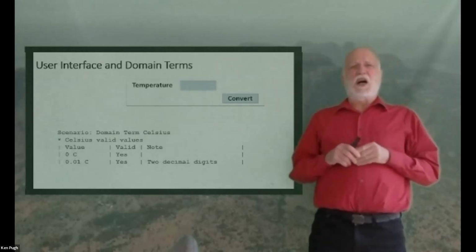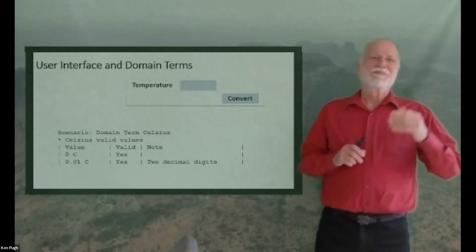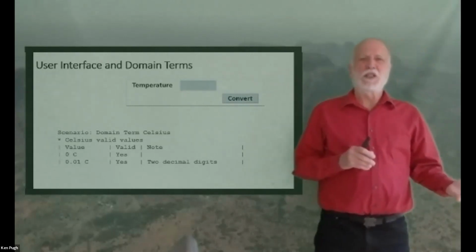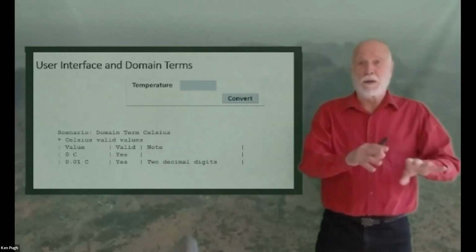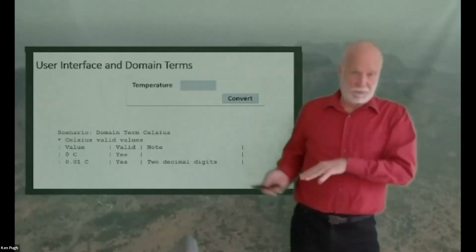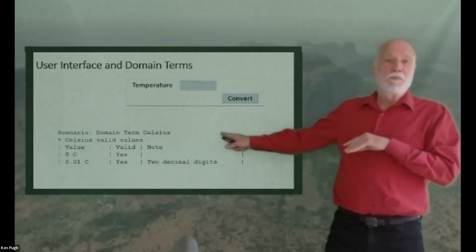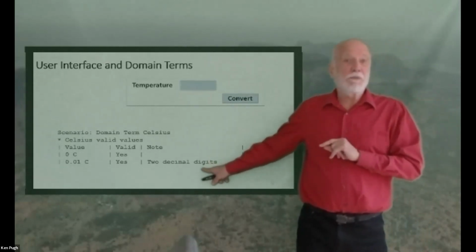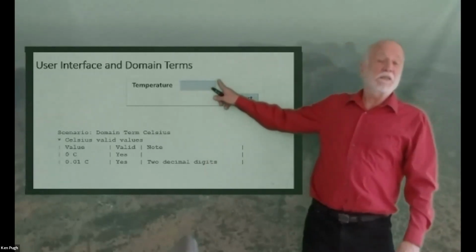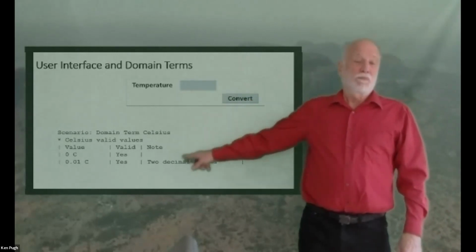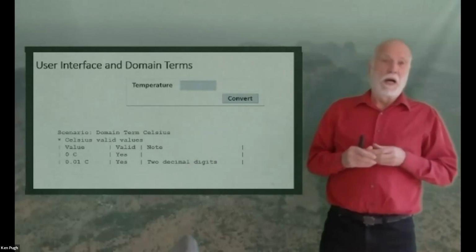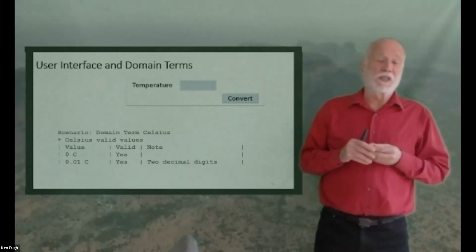Almost everything on a user interface is typically a domain term. Anything you want to type into a user interface, chances are it represents a term that has some formatting. So the domain term that we had for Celsius, if you have a user interface item called temperature, should have exactly the same validation as our domain term Celsius.